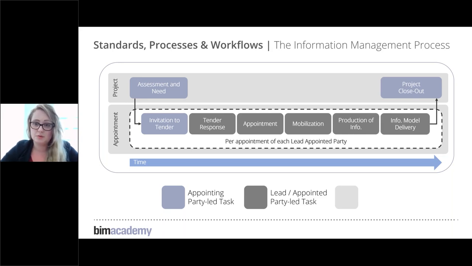And then it goes into production and information delivery in a cycle of constant checks, coordination, clash detection, making sure the models speak to each other and are federated correctly before project closeout.